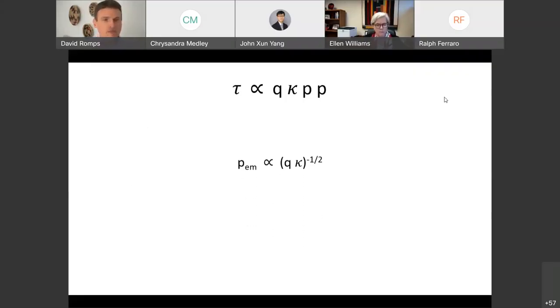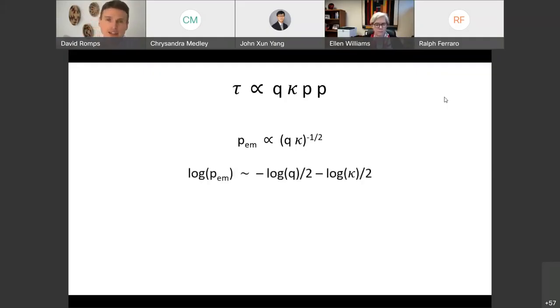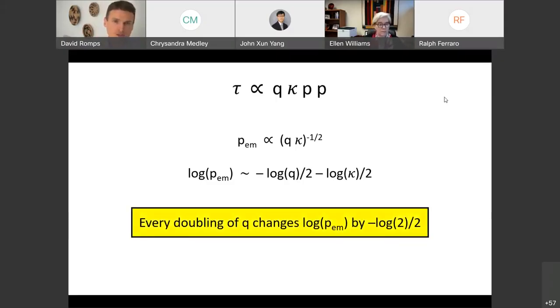And from that, if I take the log of both sides, I get that the log of the emission pressure is linear in two things here. It's linear in minus log of concentration divided by 2, and also minus log of the absorption coefficient divided by 2. So this is really useful information.